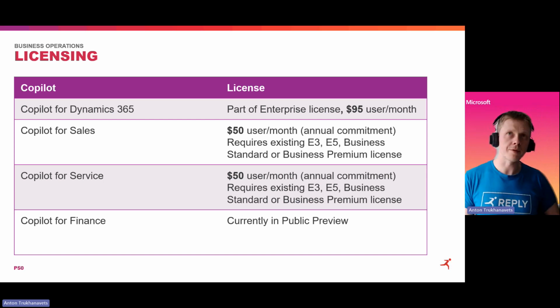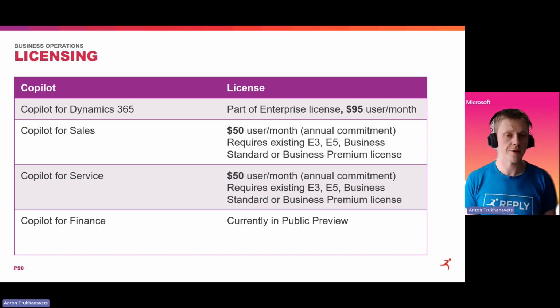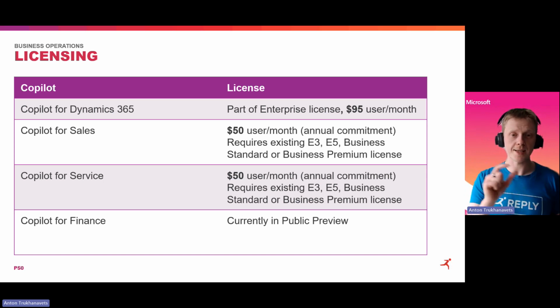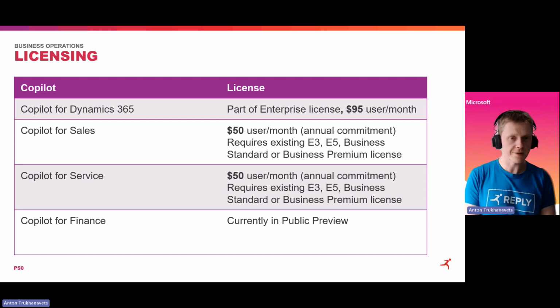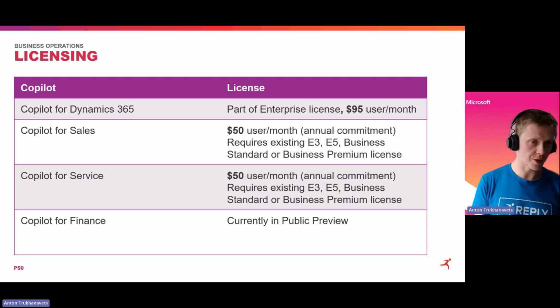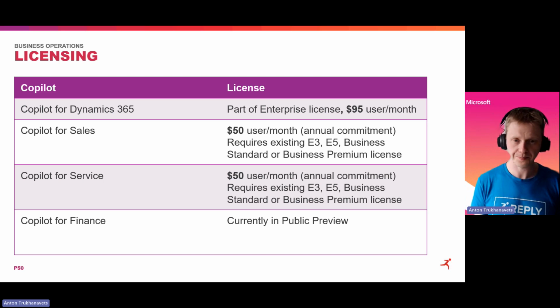But at the same time, if you already have your Copilot for M365, which today costs $30, you can buy Copilot for Sales or Service as an add-on for just $20. Vice versa, if you decide just to buy Copilot for Sales, it will include Copilot for M365.